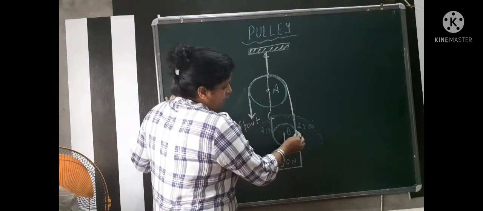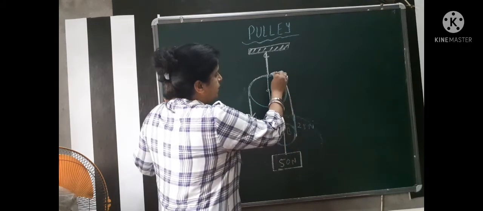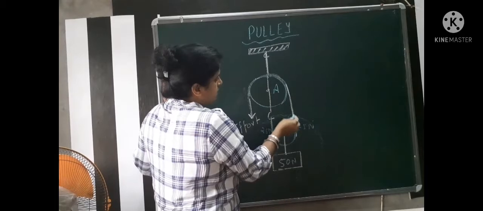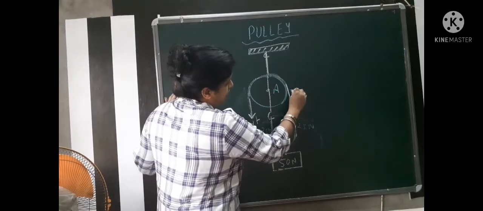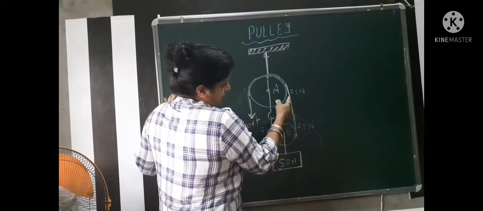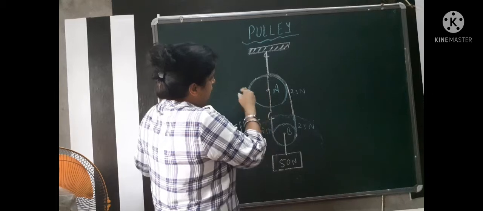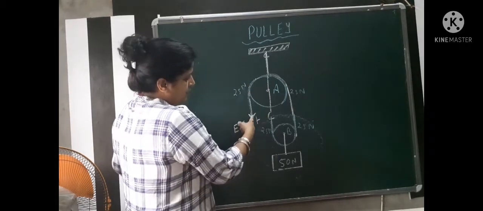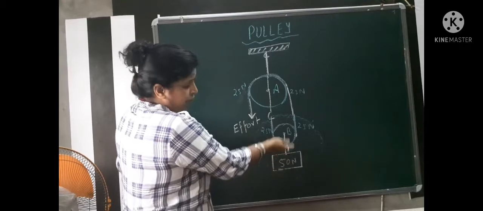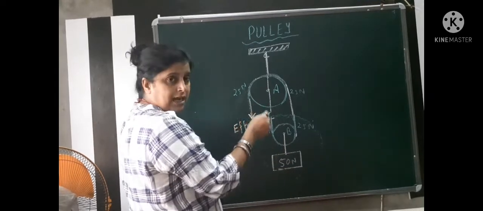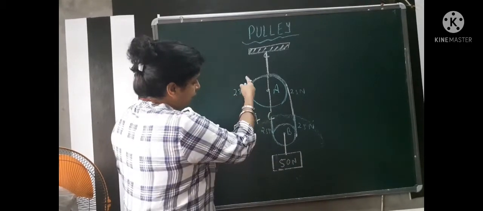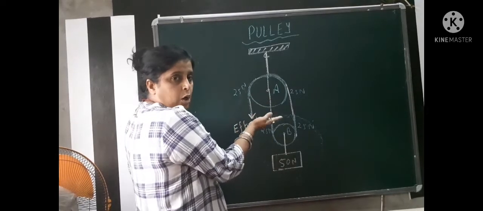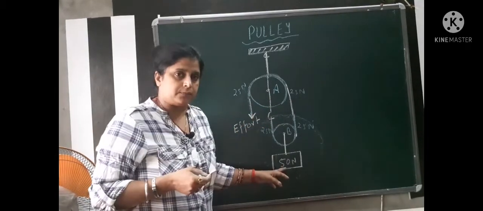Now this rope passes around the other pulley. So if here is 25 Newton force of tension, then on the other side also there is force of tension equal to 25 Newton. It means the person who wants to lift it up has to apply only 25 Newton force downward to lift up this object of weight 50 Newton.